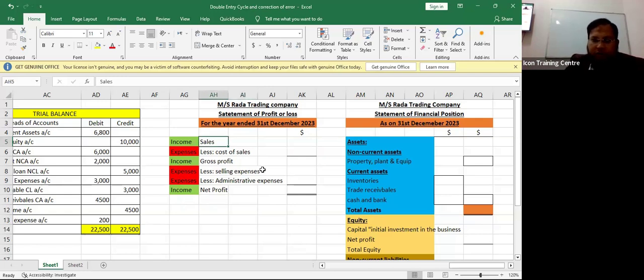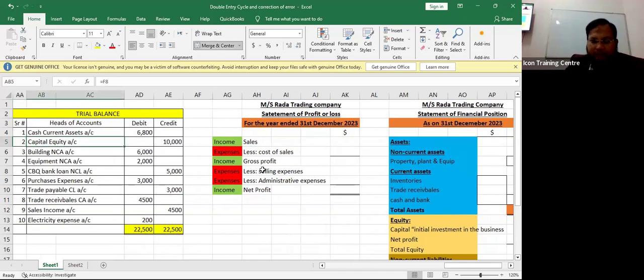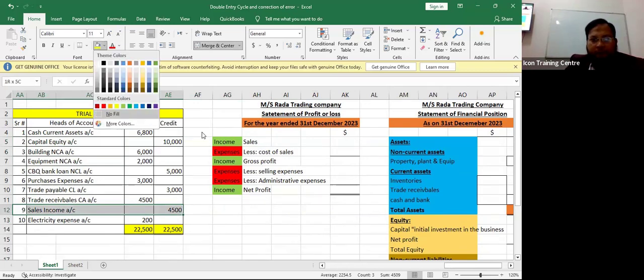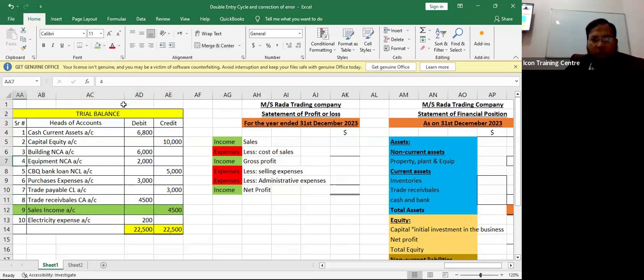In this trial balance, do we have sales? Do we have sales income? Yes, we have it at number 9. So we will color it green because this is our income, right? Do we have any other income? No. Okay. So what is the amount of sales? 4,500. Do we have cost of sales? And how do we calculate cost of sales? Opening inventory plus purchases minus closing inventory.